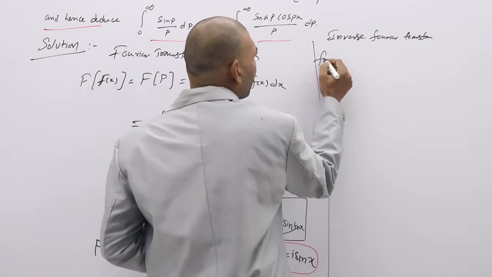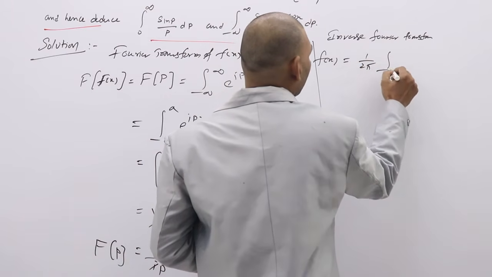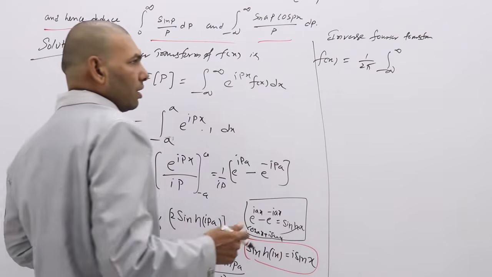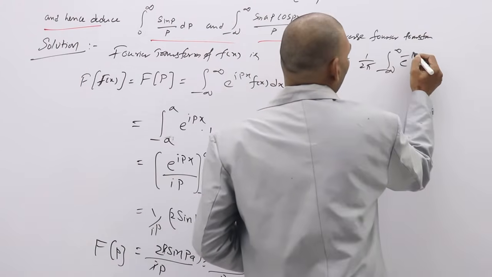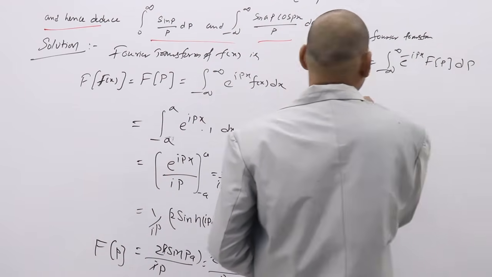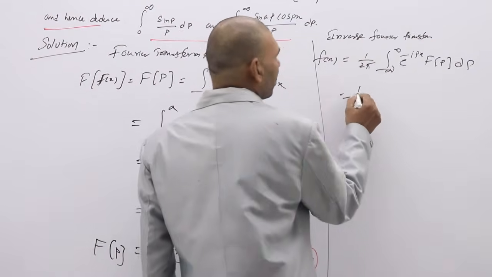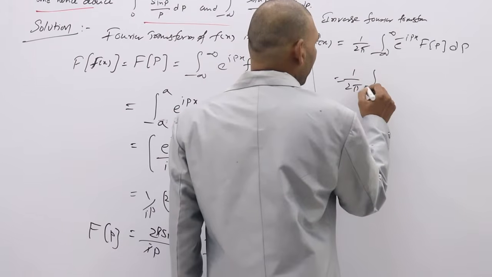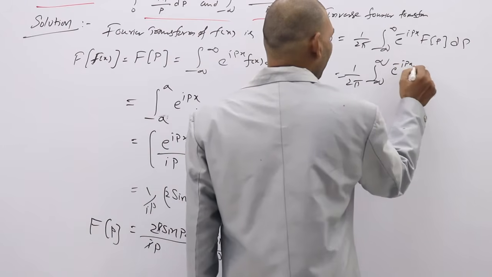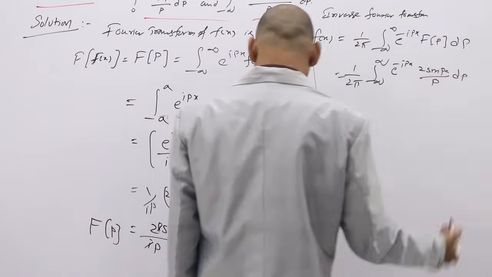Using the inverse Fourier transform, f(x) equals 1/(2π) times the integral from minus infinity to infinity of e^(-ipx) F(p) dp. Here F(p) is this one, 2 sin(pa)/p. So 1/(2π) integral from minus infinity to infinity of F(p) e^(-ipx), where F(p) is 2 sin(pa)/p, dp.